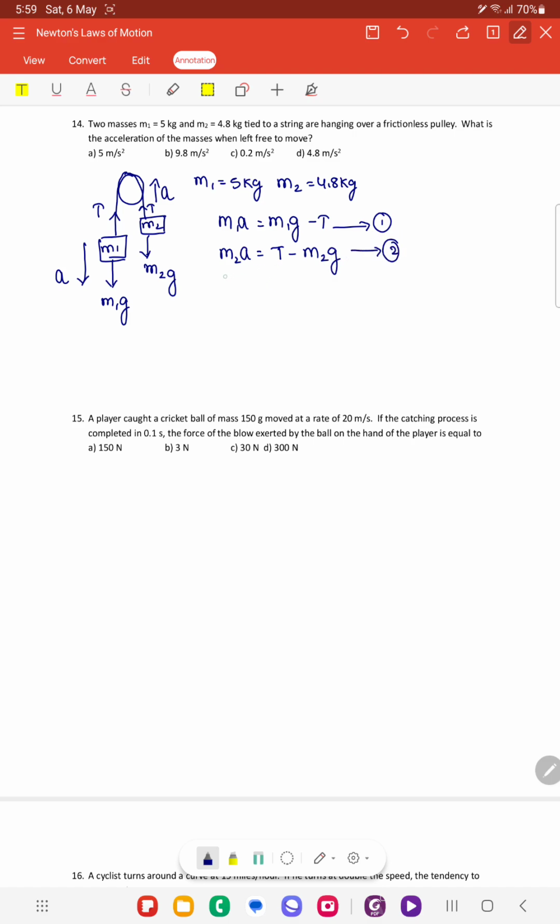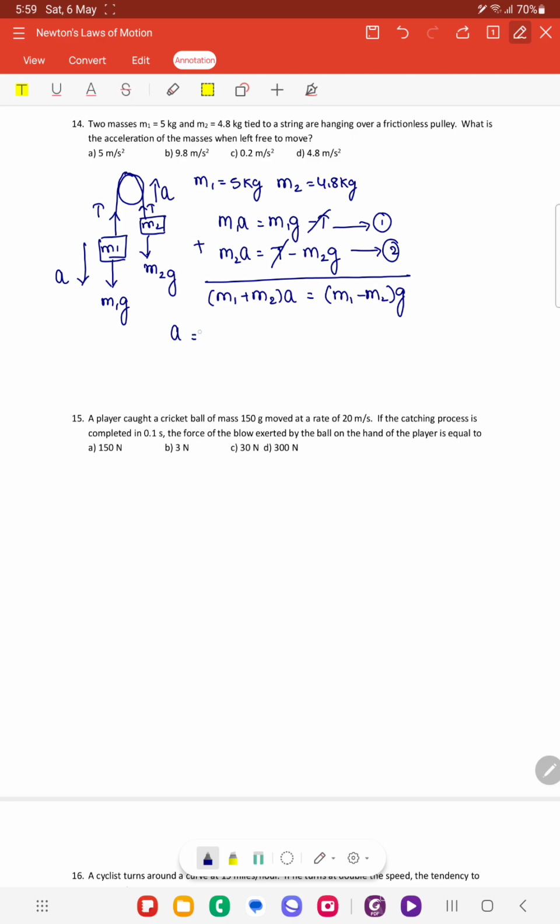So add the two equations. When you add the two equations, we can cancel plus T and minus T. So we have m1 plus m2 into a is equal to m1 minus m2 into g.